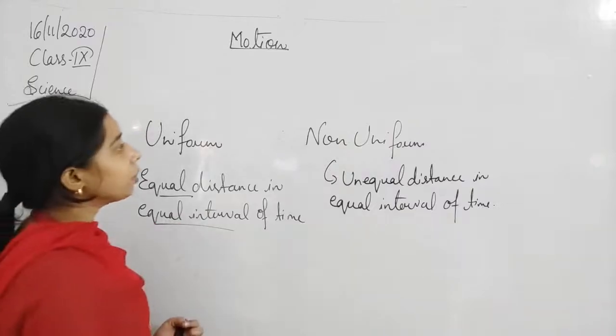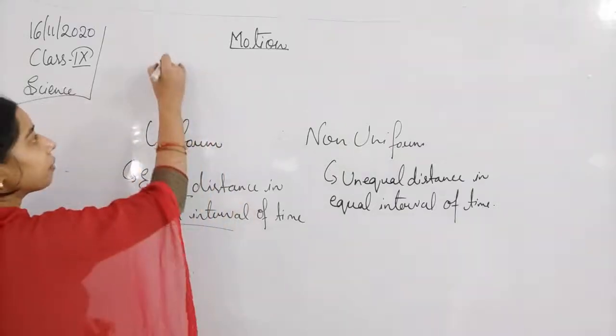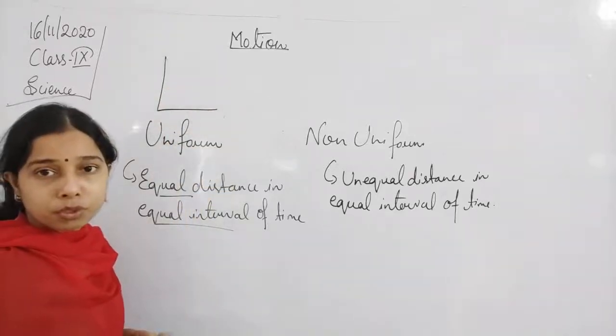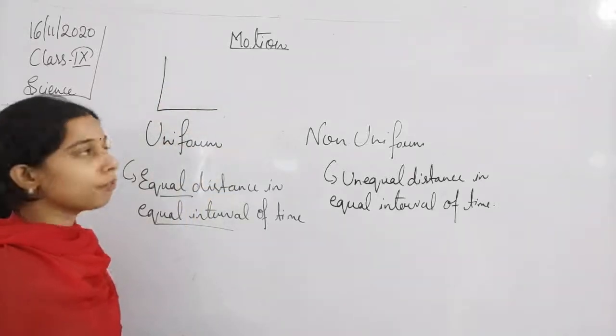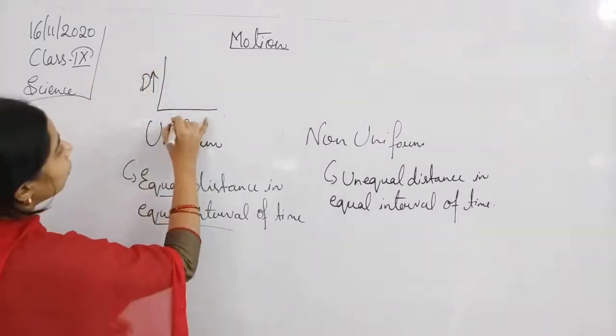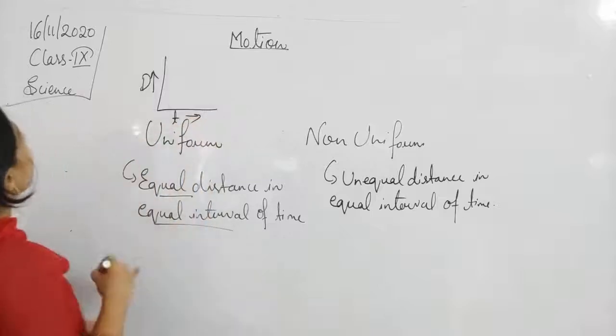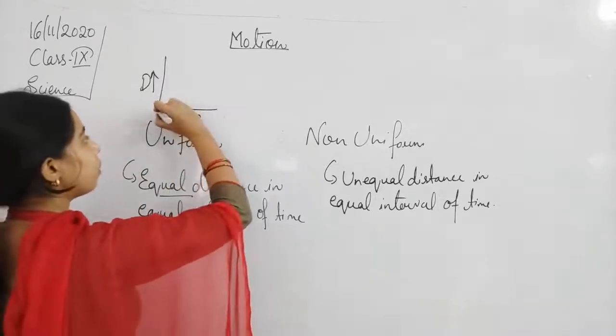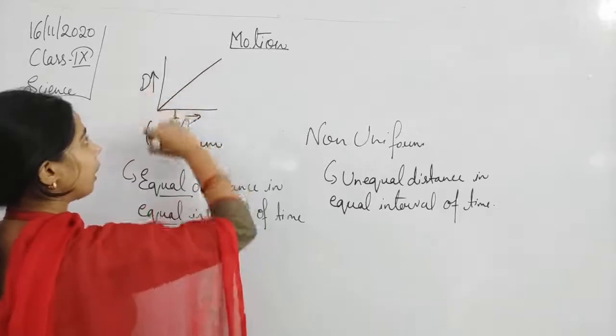If we make the graph of uniform motion, that is the distance-time graph of a uniform motion, here it will be D, here it will be T. Equal distance in equal interval of time, so the graph will be a straight line.